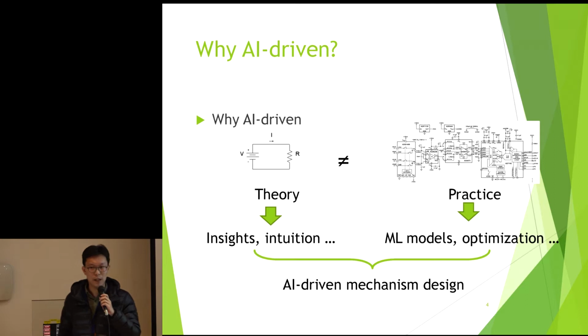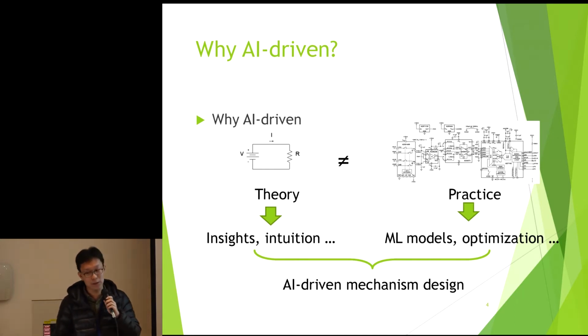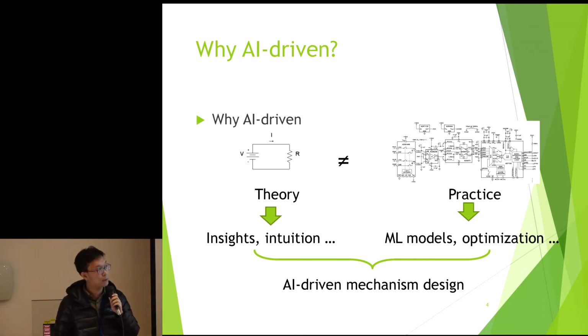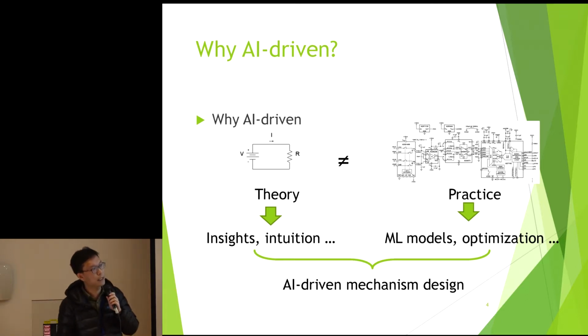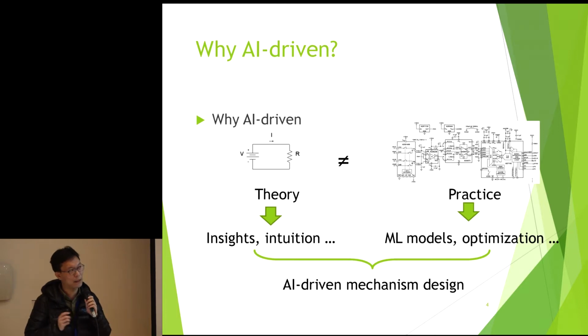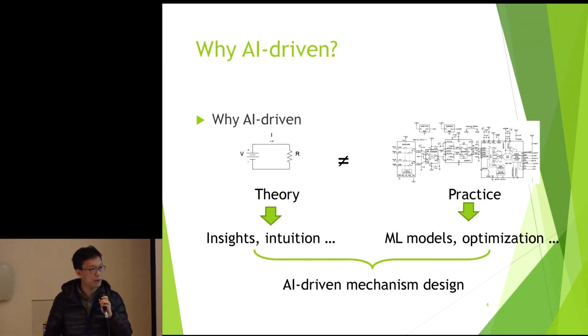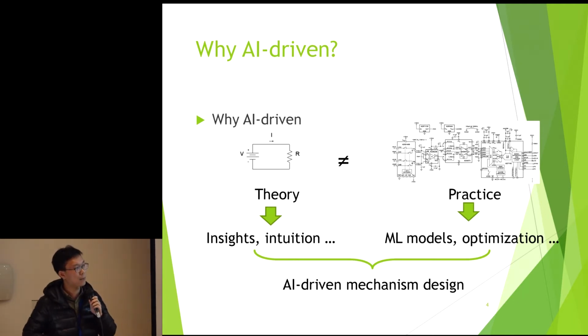But in recent years, AI techniques have been quite successful in dealing with these complicated situations. So if we can somehow combine the insights and intuitions from mechanism design theory and techniques from the AI domain, like machine learning models or some optimization algorithms, we might be able to solve some problems that we could not solve before. That's why I study AI-driven mechanism design.